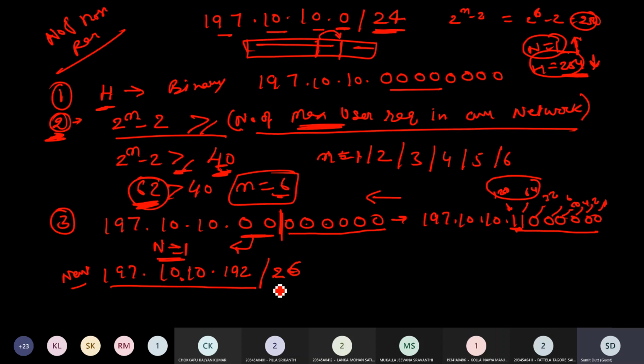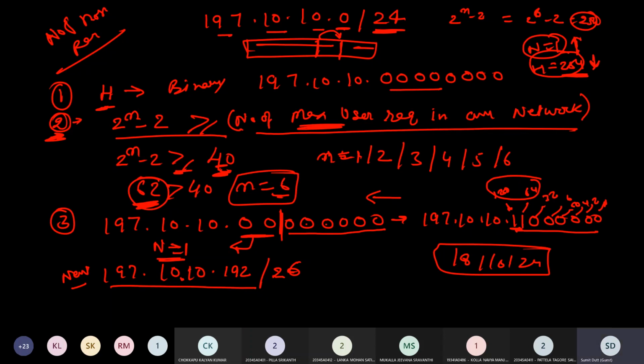So whenever you see any subnet mask other than /8, /16 and /24, you can understand that this is a subnetted IP address. Right? Am I clear so far? Any question?